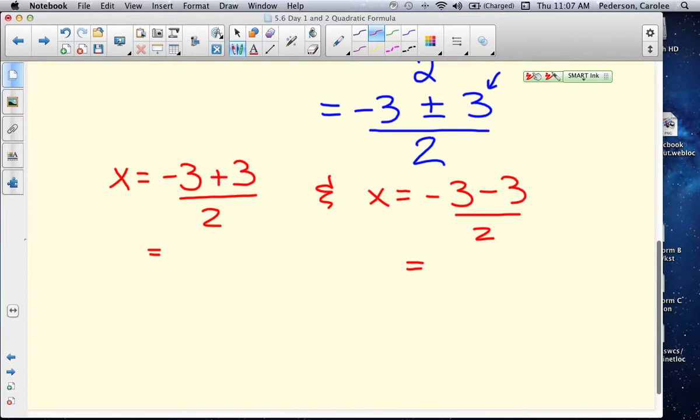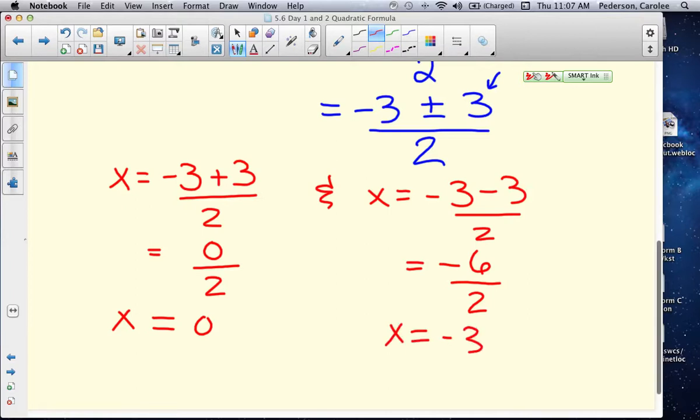Reduce: -3 plus 3 is 0, divided by 2 is 0. So there's one solution, x equals 0. Then over here, -3 minus 3 is -6, divided by 2 is -3. So there are your two solutions, x equals 0, x equals -3. And you can plug those back into the original equation and solve for x.